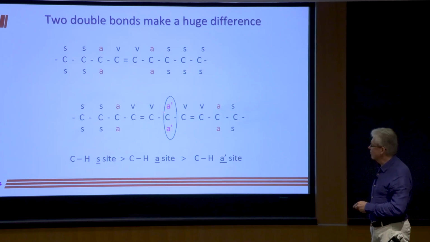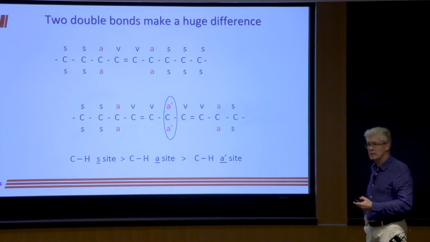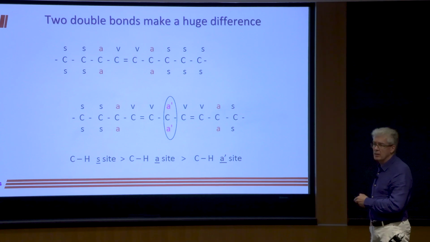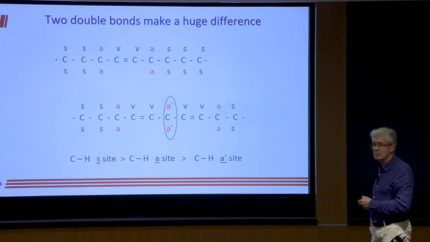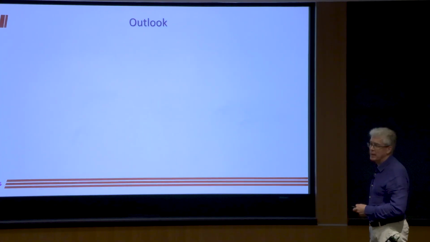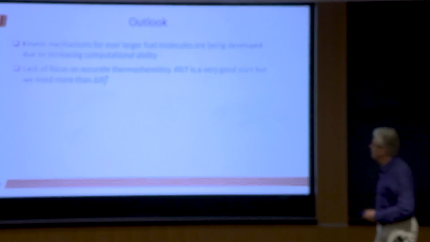So this is what we call a prime or a super allylic site, because it's getting resonance from both sides. And so the CH bonds here are even weaker than for a conventional allylic site. By how much I can't remember off the top of my head, but they're even weaker.